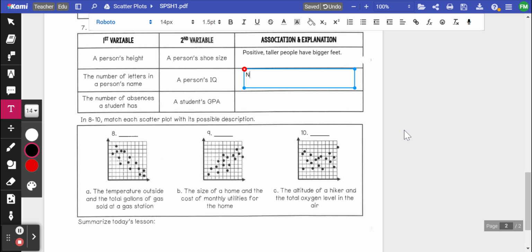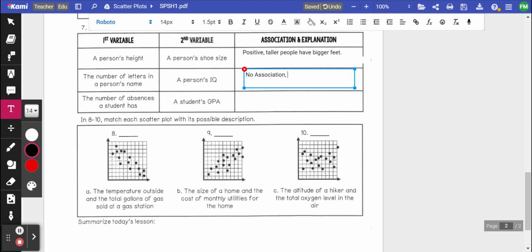No association. Look, the length of a person's name has no indicator of how smart somebody is.